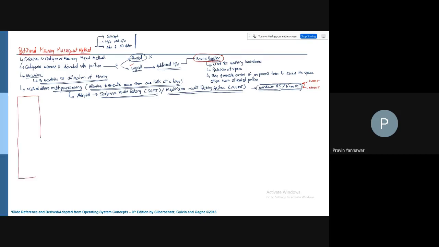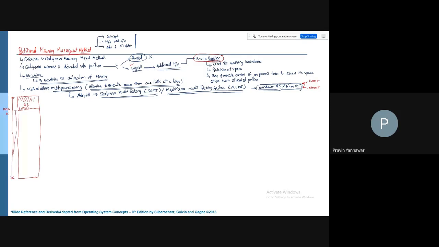The problem was something like this. We have a portion which is the OS, say a 100K OS, and the total space we have is about 1000K.